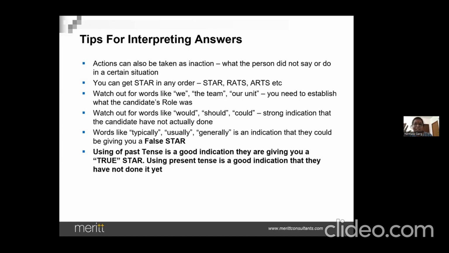Words like typically, usually, "I usually do that," then pin him down. Generally, these are all indicators you must check for. Using the past tense is a good indication they are giving you a true STAR. Using the present tense is a good indication that they have not yet done it. Because during critical incidents, you can get trapped with things like, "Oh, I usually do like that, I generally do like that."